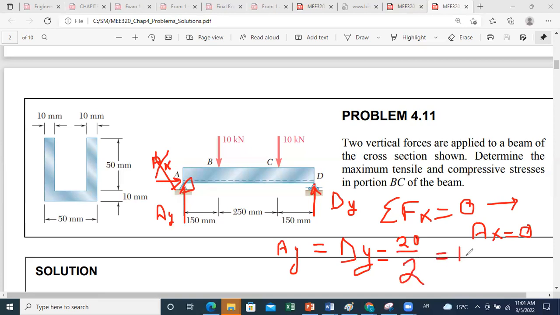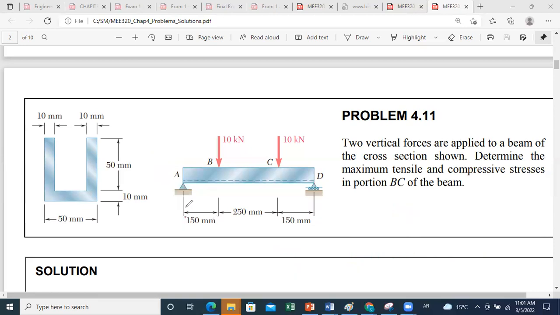And if you didn't notice the symmetry, you just have to write two equations: sum of y equals 0 and sum of moment about any point in your beam equals 0. You get two equations, two unknowns, and you find AY and DY. So we can say here that the developed reactions are vertical upward, and each of these reactions is equal in magnitude to 10 kilonewton.